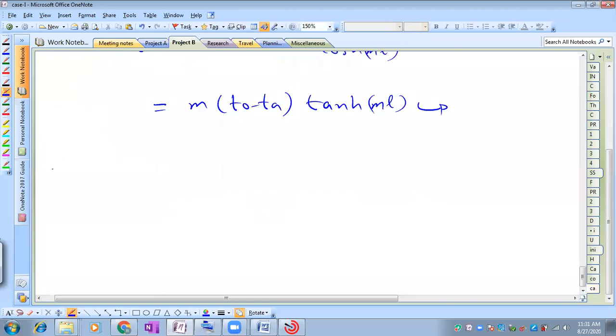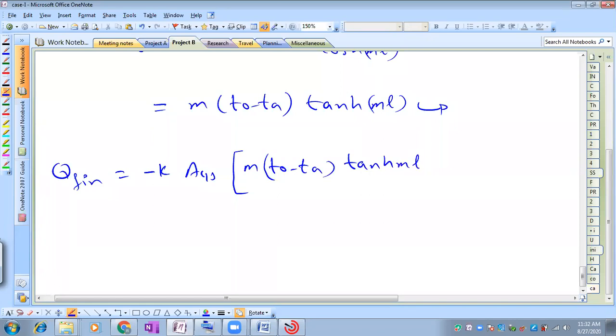So what is the above equation? Q of fin is equal to minus k into A_cs into dT by dx at x equal to 0, so it will be m into (T0 minus Ta) into hyperbolic tan of mL, at x equal to 0. If I further simplify, do we have a minus sign or plus sign?